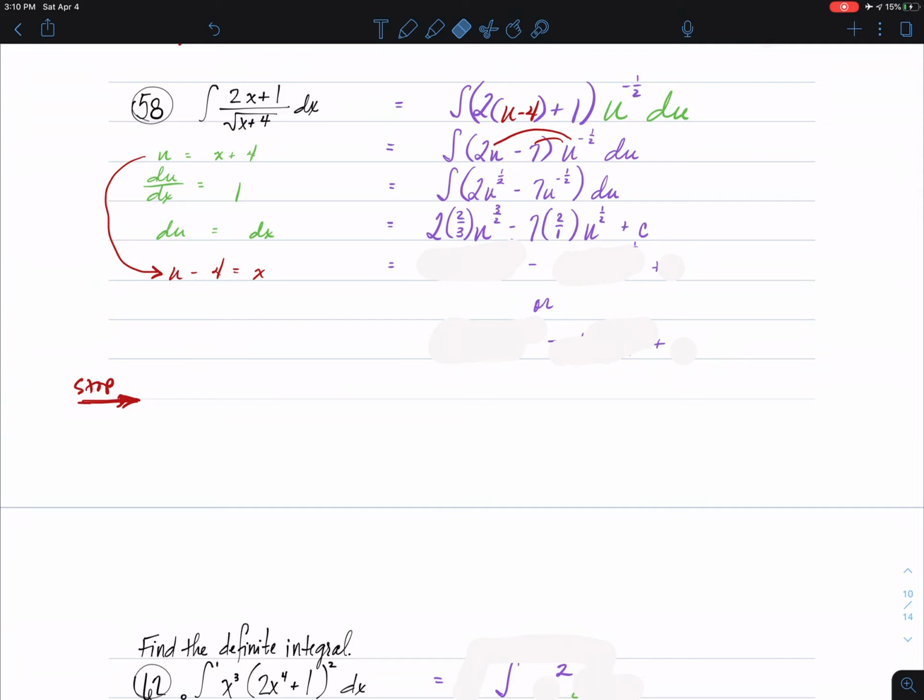Let's clean up the numbers out in the front, and sub back in x plus 4 for our u's. So you have 4/3 times our u, which is x plus 4 to the 3/2, minus 14 times x plus 4 to the 1/2 plus c. Once again, they're fractional powers, so I can rewrite those as square roots at the end, and that would be just fine.